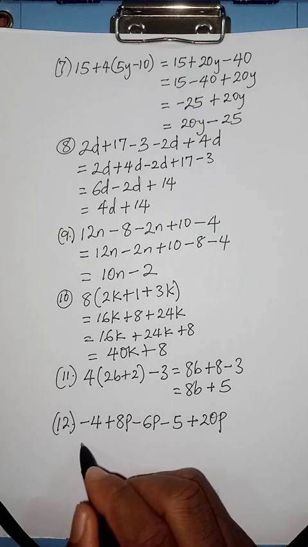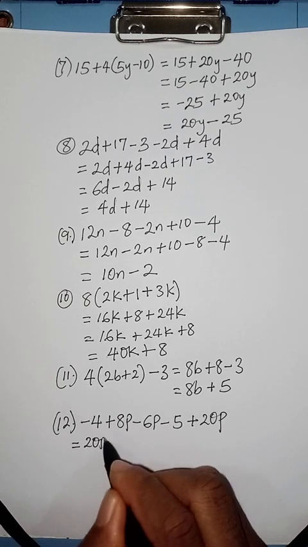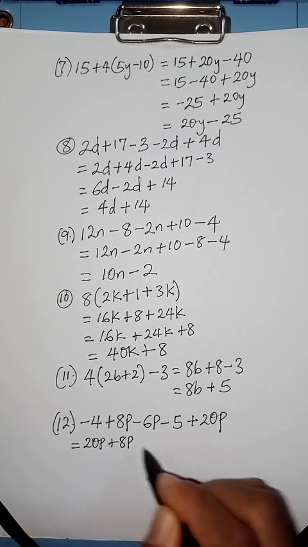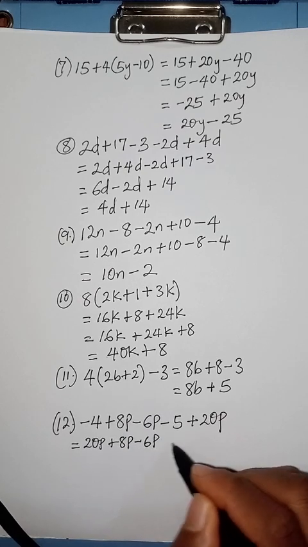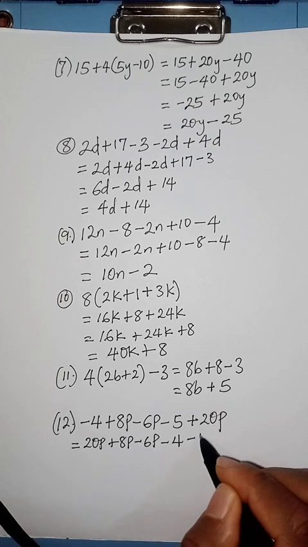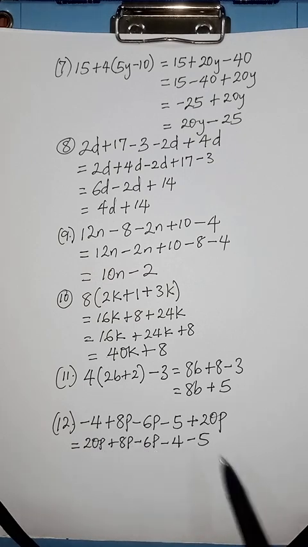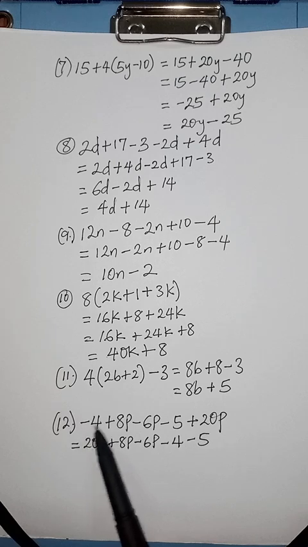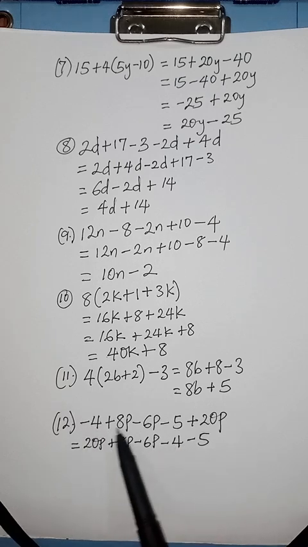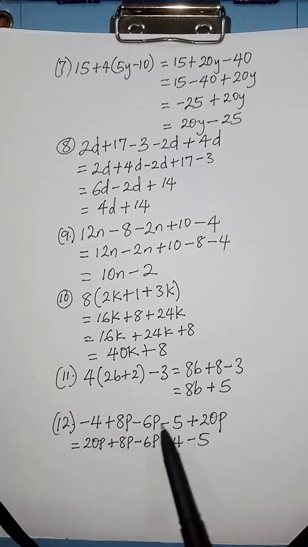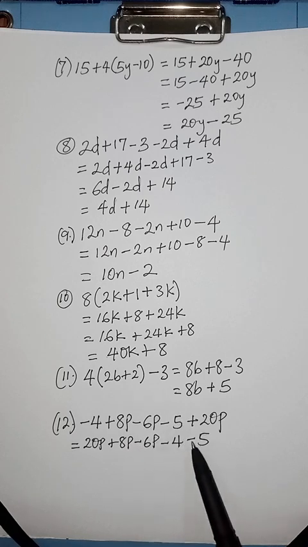Plus 20p plus 8p minus 6p minus 4 minus 5. 1, 2, 3, 4, 5 terms. This is minus 4, plus 8p, minus 6p, minus 5, plus 20p.